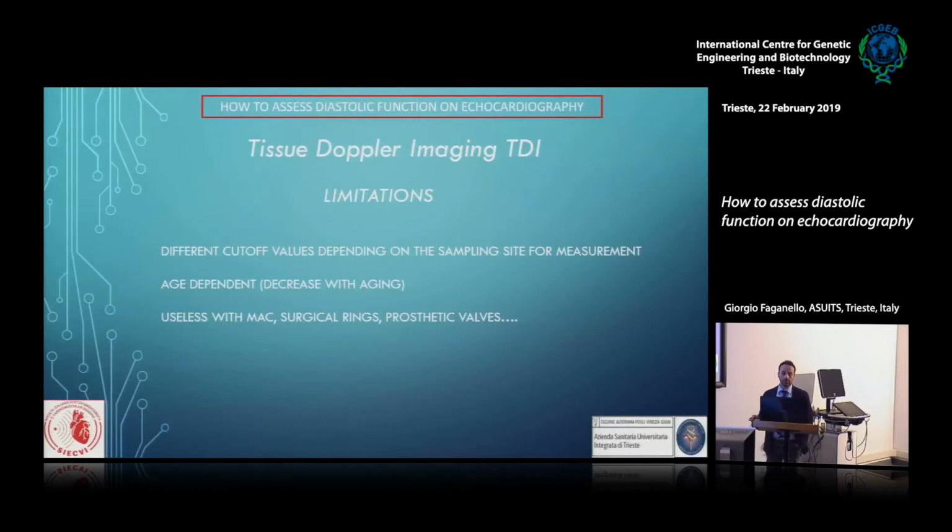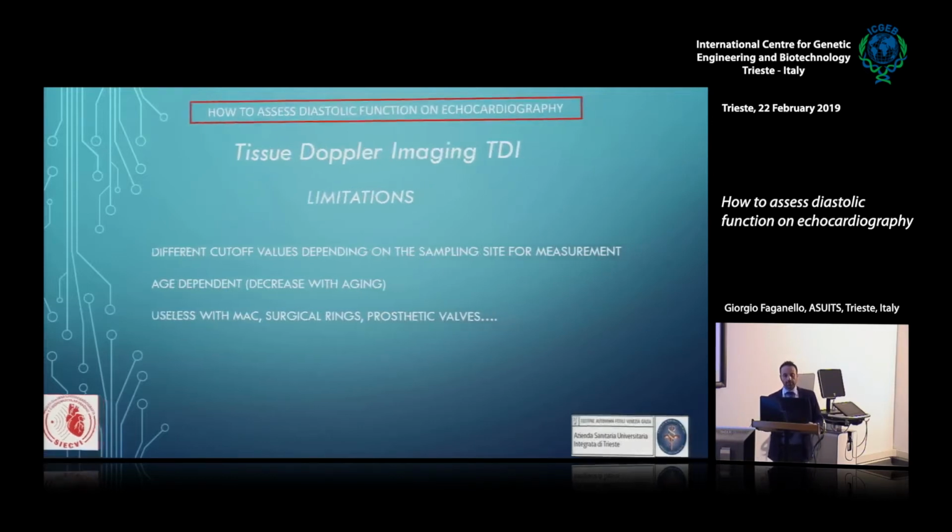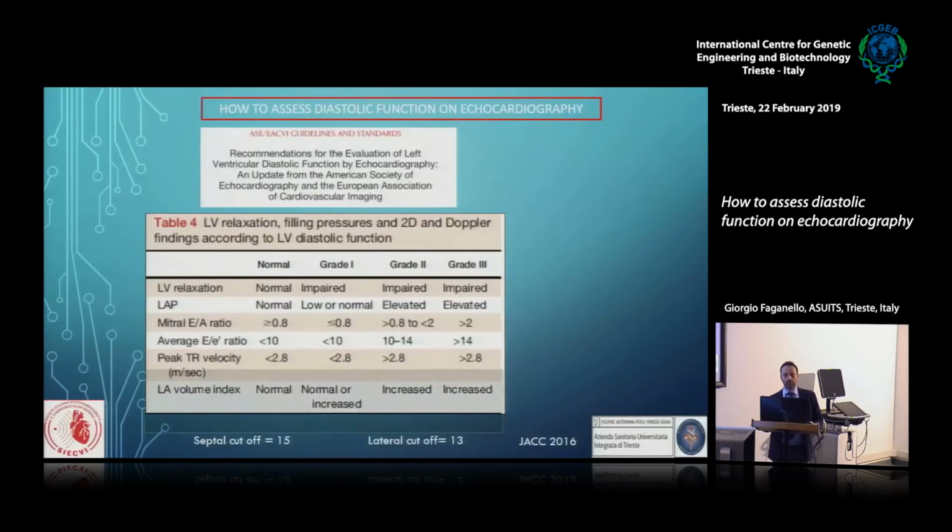And TDI is useless if you have mitral calcification, surgical rings, prosthetic valves, which for humans is quite a common problem. I'm not sure that for mice or animals you will get prosthetic valves or surgical rings. So let's see what happens with the guideline.